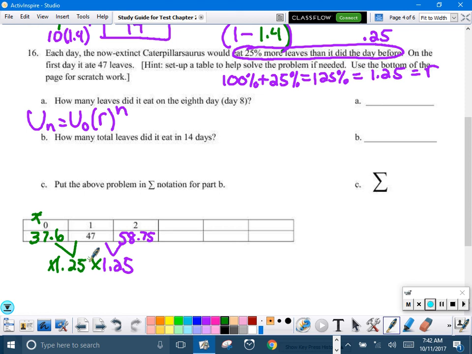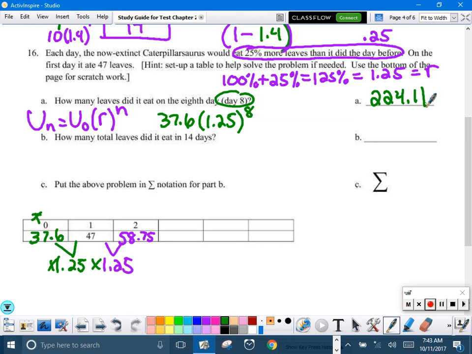Okay, so now for my formula up here, the u sub 0 is 37.6 times the 1.25 to the 8th power. Now we can easily type that into the calculator, and we find out that on day 8, this caterpillar ate 224.11 leaves. That's a lot.